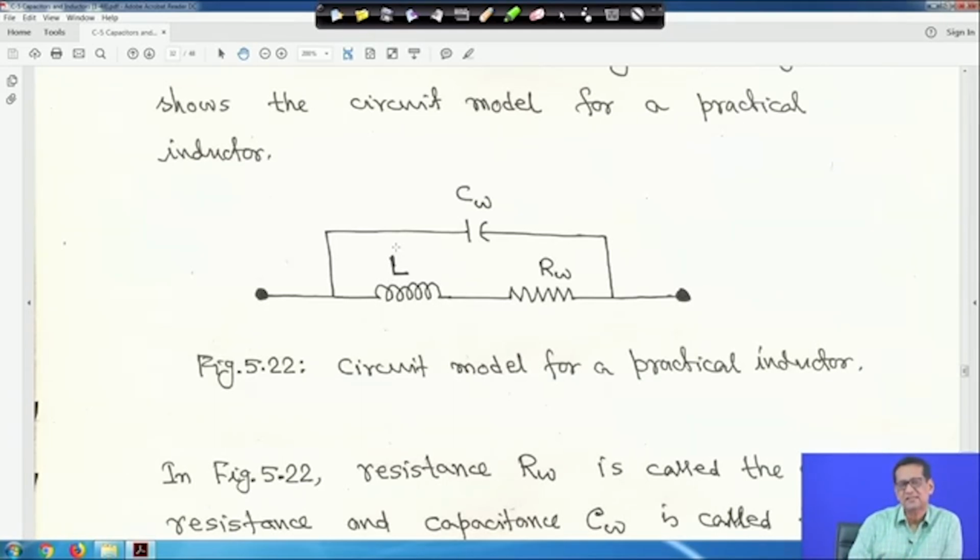But in reality Rw is very negligible and Cw is also negligible. So, we generally do not consider the inductor resistance. For some problems we also consider it to find the resistance and inductance of the inductor, which we will see later, and Cw we generally do not consider as far as our circuit analysis is concerned.